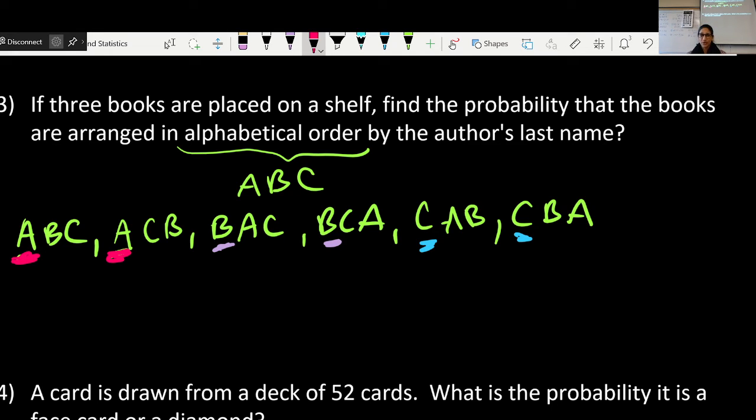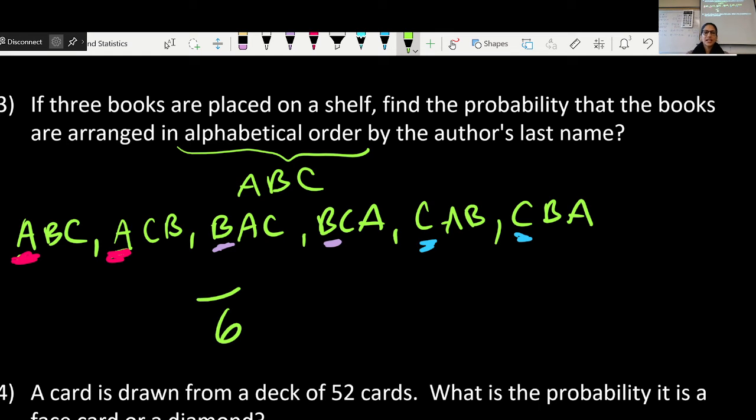Are there any other ways I could do this? I could rearrange this. I'm just wondering, did I account for all the different ways that this could be rearranged? Okay, so how many possibilities are there here? Yeah, so do you see the sample space would be out of 6?